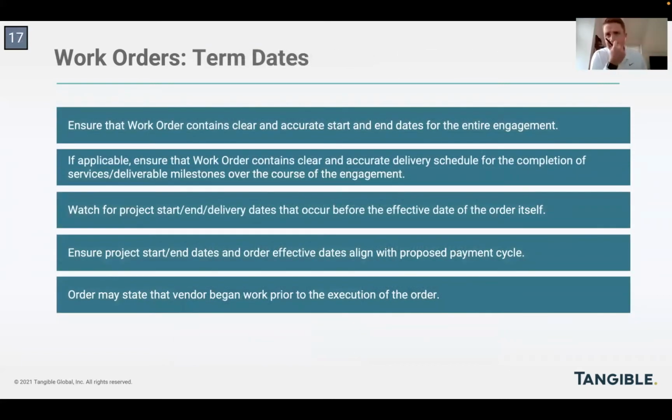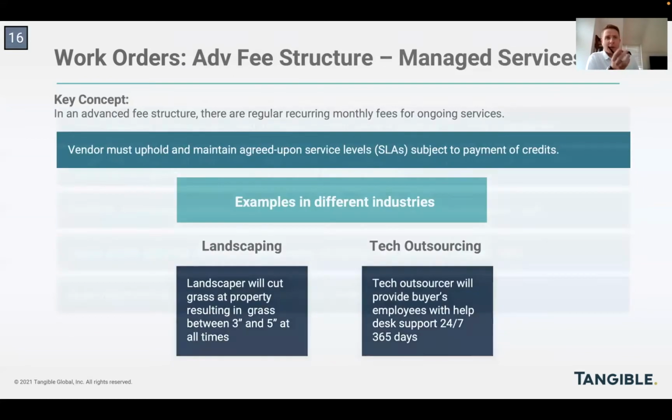RT, if we could go back to that just briefly. Robert, I think you'd agree that the managed service model is an advanced fee structure where those terms and the parameters and the KPIs and service levels are often established in the master agreement.